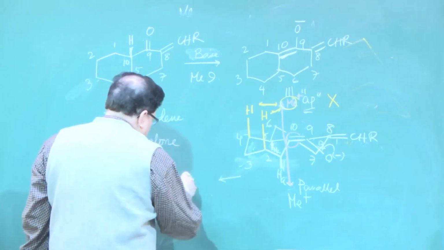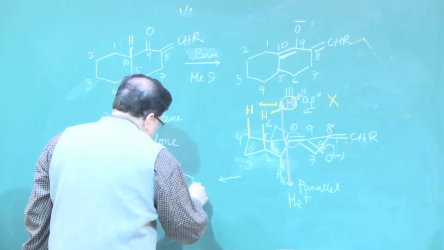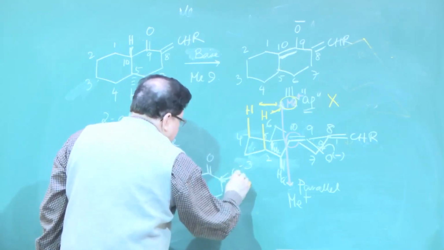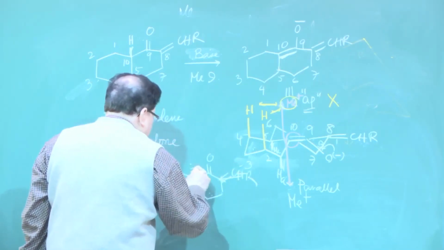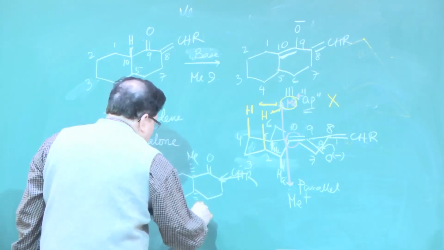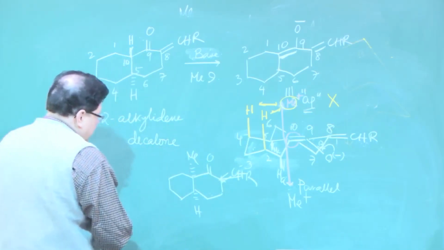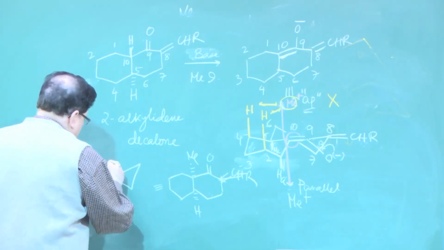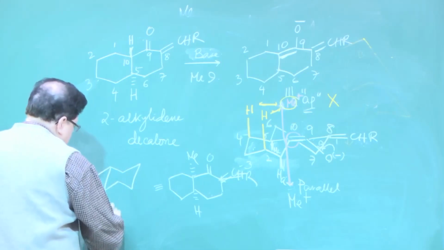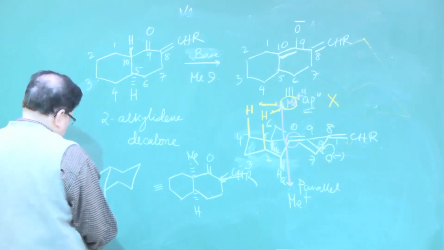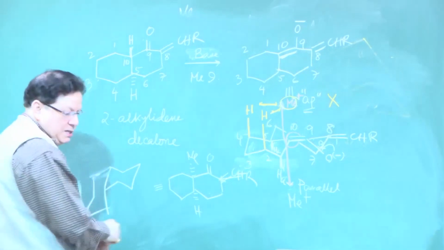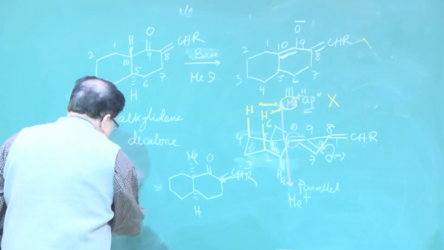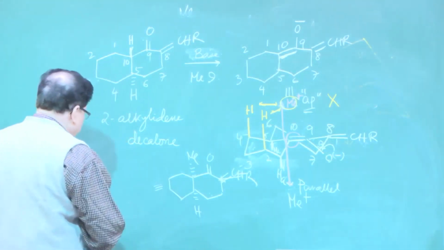So, the 2-dimensional structure will be something like this. This is the double bond CHR and this is the methyl, and this is the hydrogen. Now, you can draw the cis-decalin structure if you wish. Cis-decalin structure, not this structure, because in this structure you may be a little confused about what is happening.